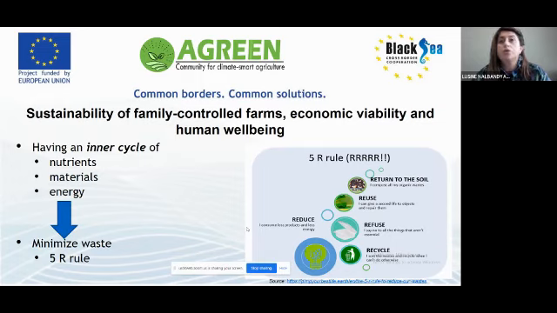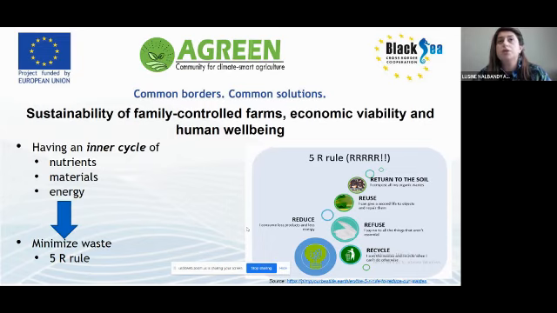So in order to harvest the nutrients, materials, and energies inside the farm, the 5R rules should be applied here, which are reduce, refuse, recycle, reuse, and return to the soil. The most important part of it is returning to the soil.